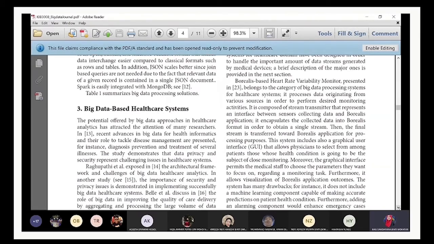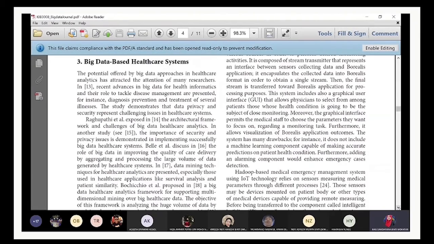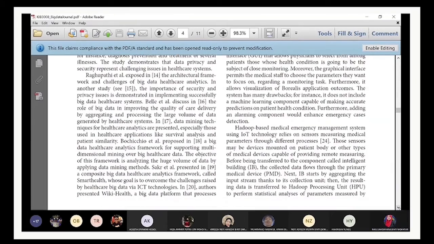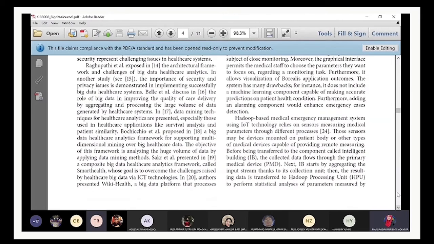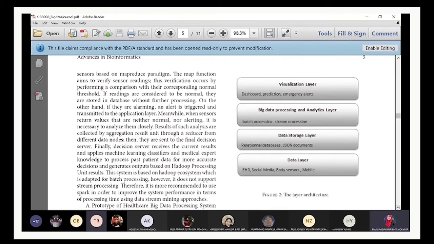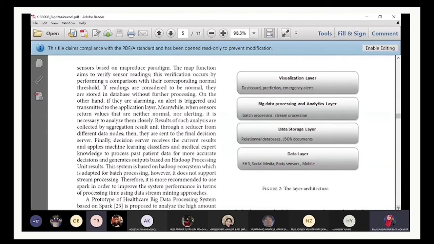All right, so let me call Yirong. Yirong, are you there? Yes, doctor. Thank you. Okay, if you can go to this figure 2. What do you think about the visualization layer?